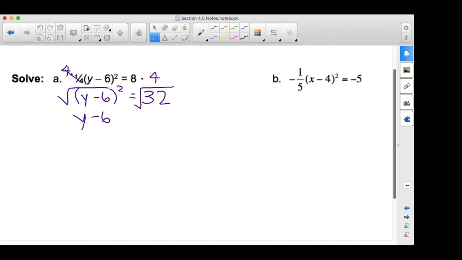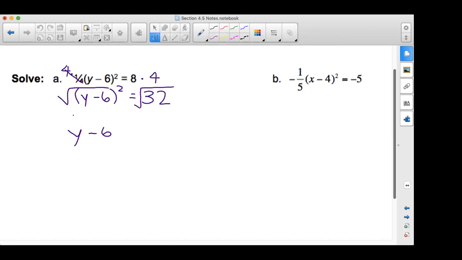That whole quantity was being squared. We took the square root. We're left with what's inside, that y minus 6, equaling root 32. Can we break that root 32 up into anything? Ella? 16 times 2.